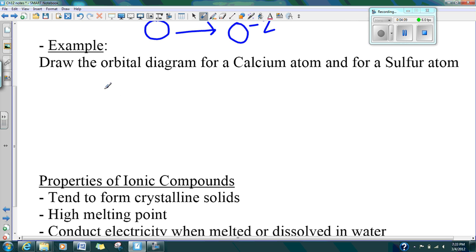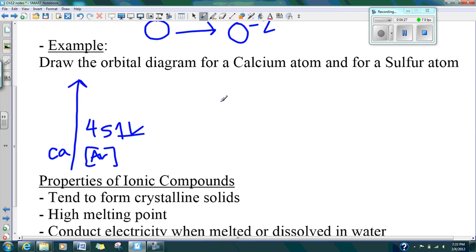quickly understand. We know orbital diagrams now, and if we're going to use calcium, we certainly can be using the shortcut methods all along now. We know that argon has a full noble gas configuration that's filled, and then to get to calcium we're going to go to 4s2. And then it says to draw one for sulfur.